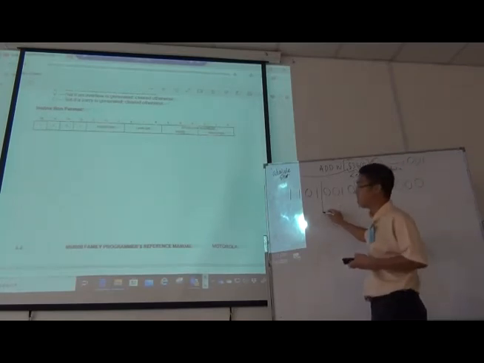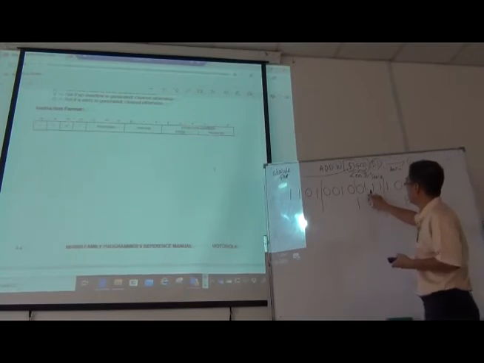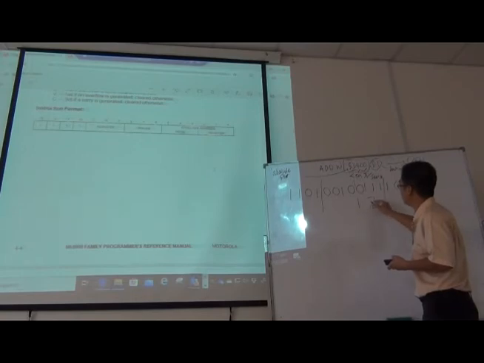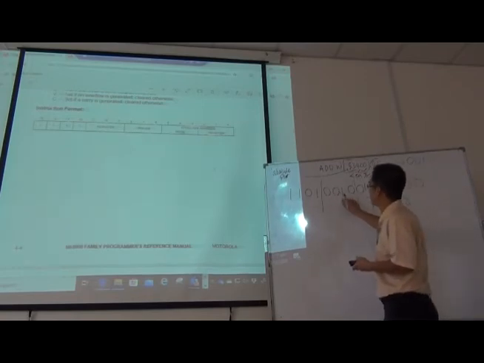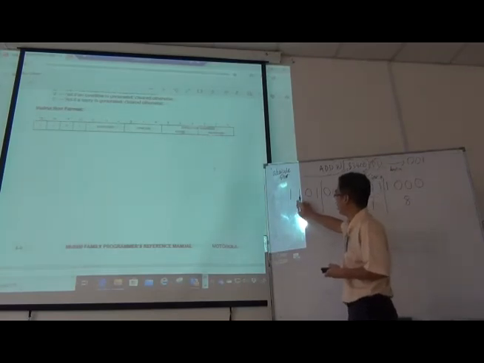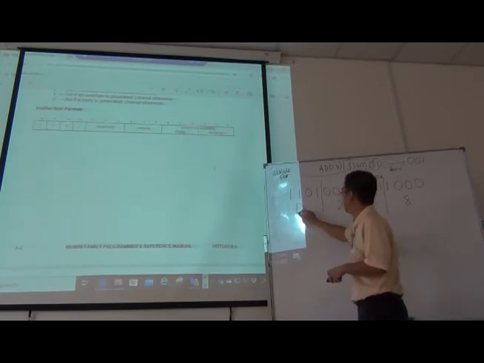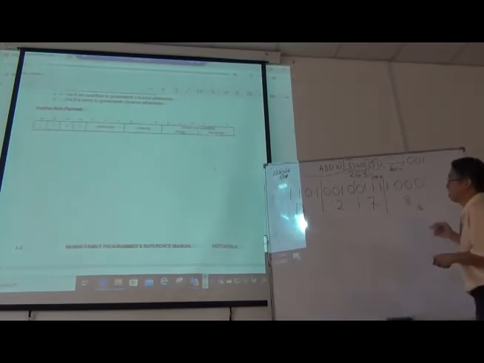And this is the final answer. This is 8, this is 7, and this is 2. This is equivalent to how much? 13, which is D. So the answer is D278.